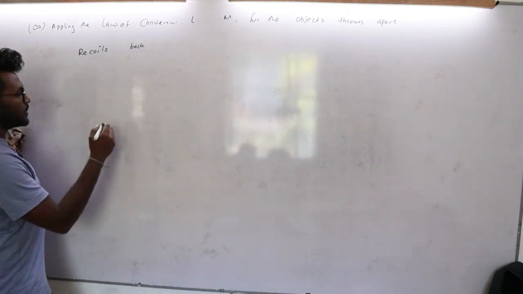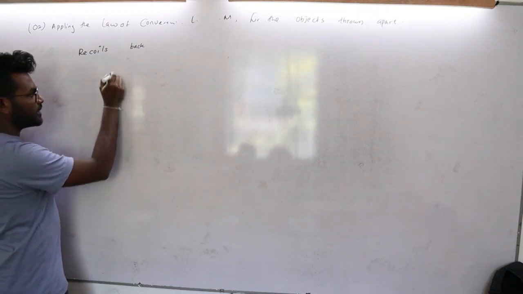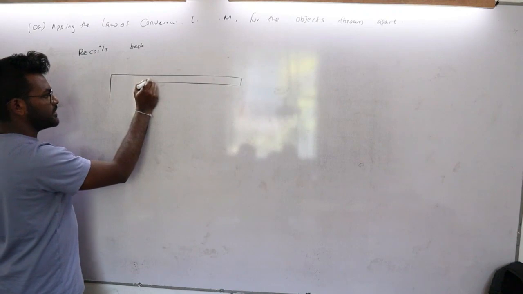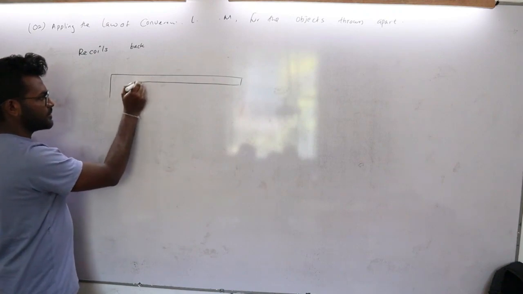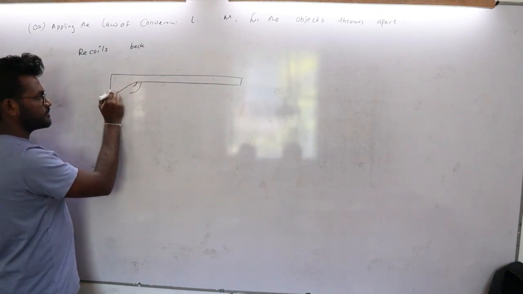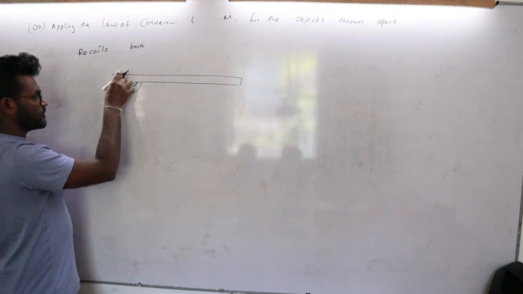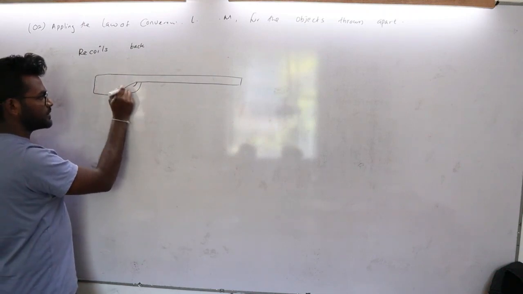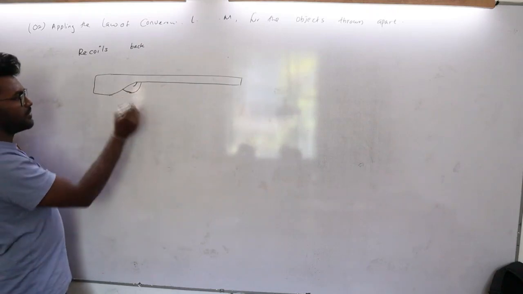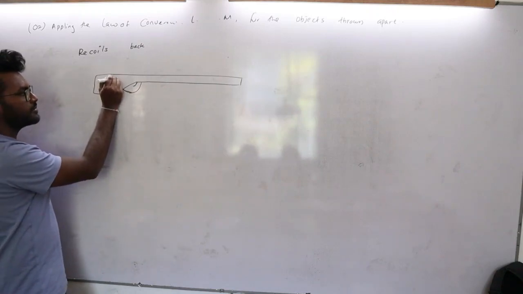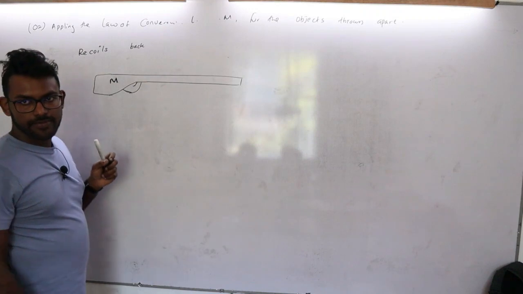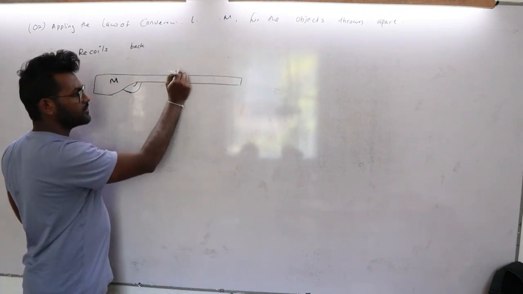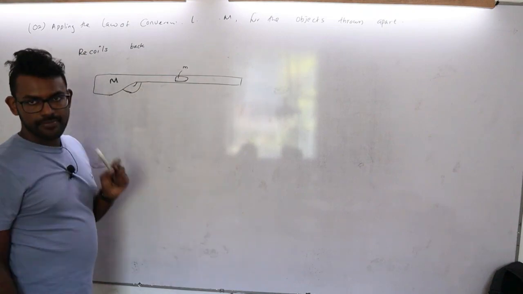Okay, so when shooting by a gun, I think you may have seen this. Let's say this is the gun, like this. Well, I'm not good at drawing guns, but maybe this is the gun with the capital M. Okay, so there's a bullet inside, let's say small m, right?